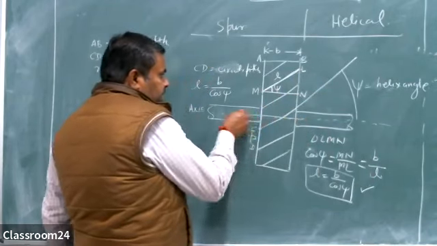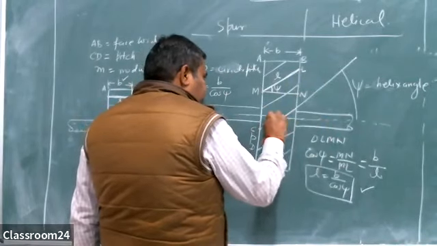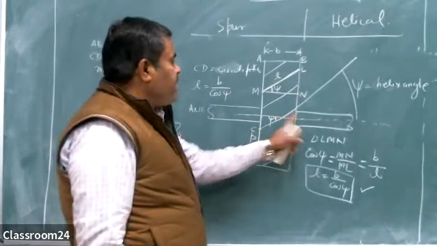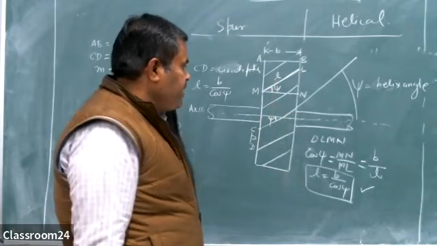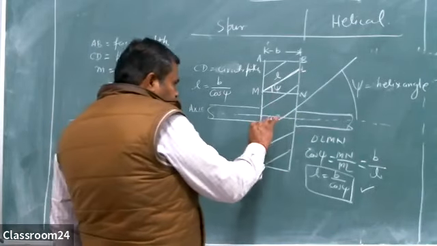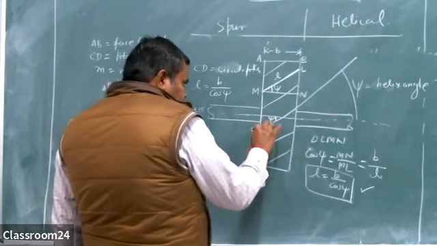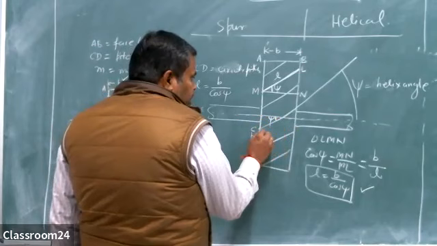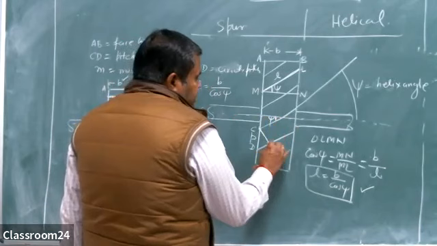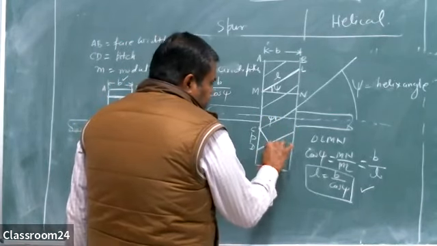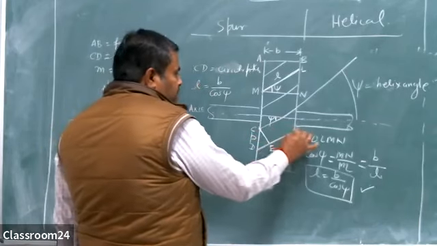So the teeth are inclined by angle psi. If I extend this axis over here, this angle is also psi, as they are vertically opposite angles. And if I draw a perpendicular from C to the length of the teeth, let this point be E, and let this be the K point.